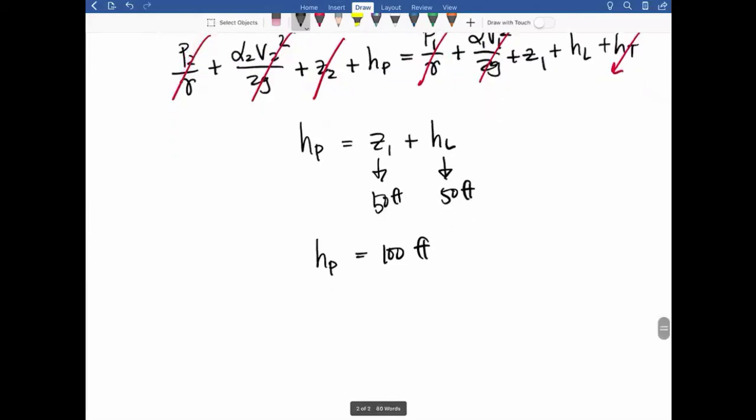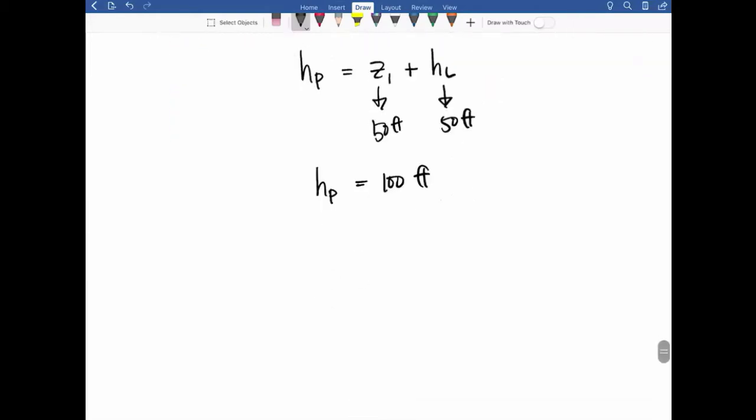Okay? All right. So now we have our other equation that we can use, where HP is W dot P over gamma Q. Here, I am already assuming my efficiency for the pump is 1, so we don't need to worry about that. Now, the only thing left to do this numerically would be to convert our flow rate.